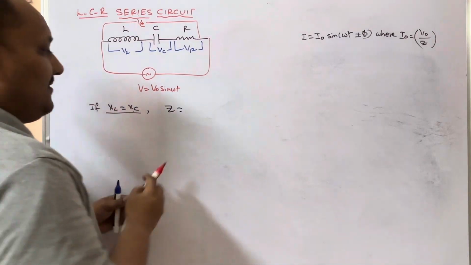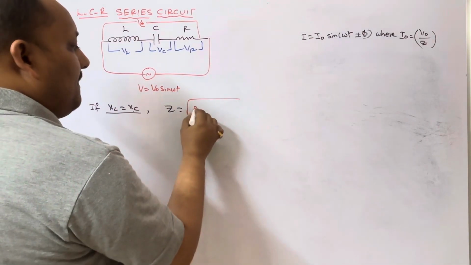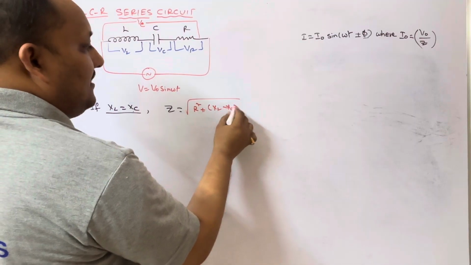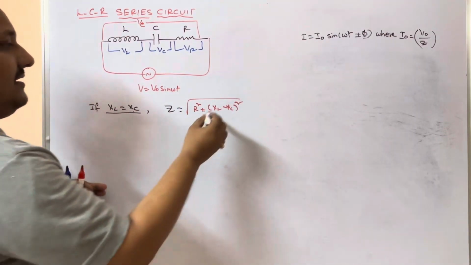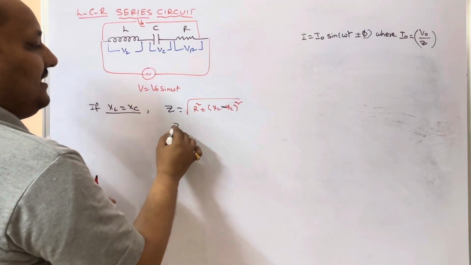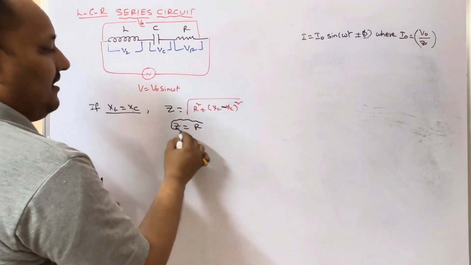Z is equal to, what is our formula, root of R square plus (XL minus XC) whole square. Correct? So if XL and XC are equal, then Z is going to be R.